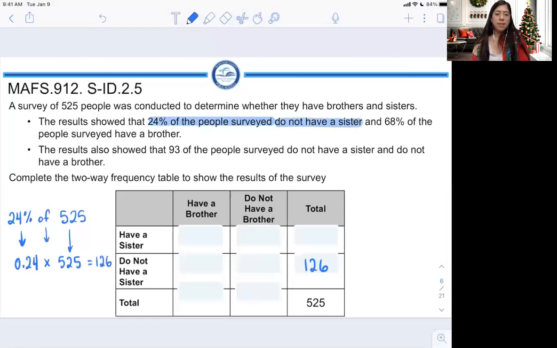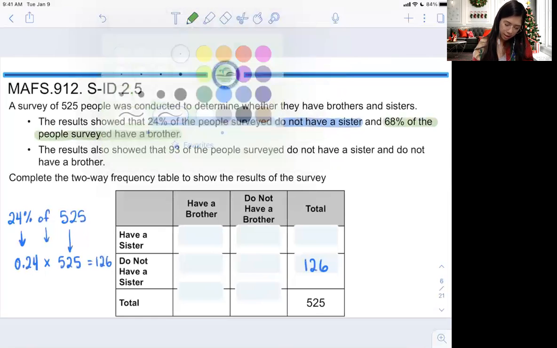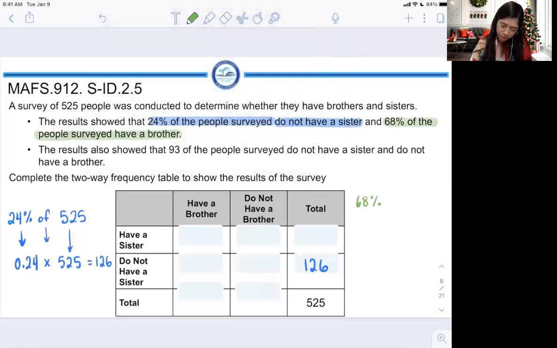Questions on how I did that? We'll do it again and again, but do I have questions right now? No. Cool. 68% of the people surveyed have a brother. How many people were surveyed? 525. So again, 0.68 times 525.